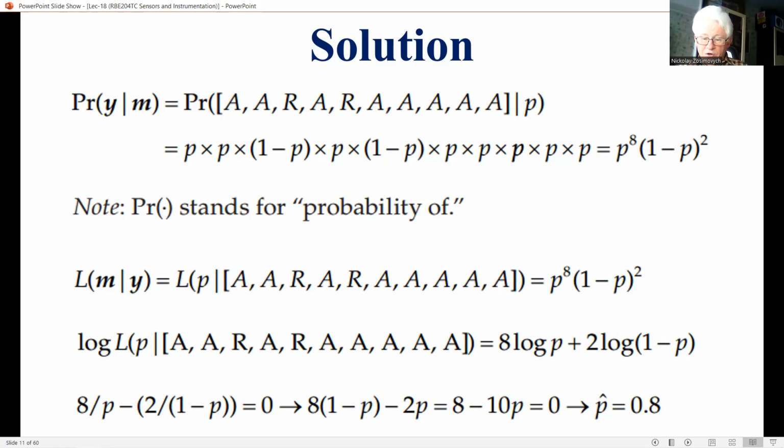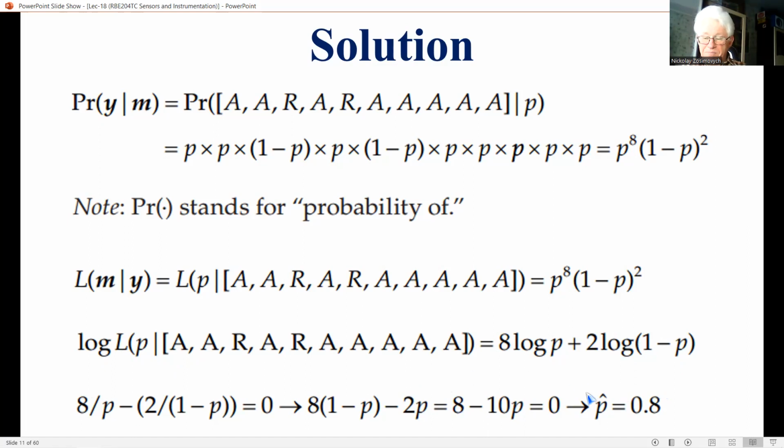So we have the logarithm of L of P over that expression gets us 8 logarithm P plus 2 logarithm in parentheses 1 minus P, right? Differentiate, and we can get this last expression here.